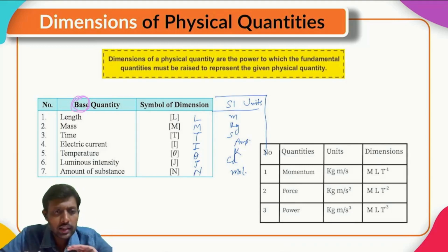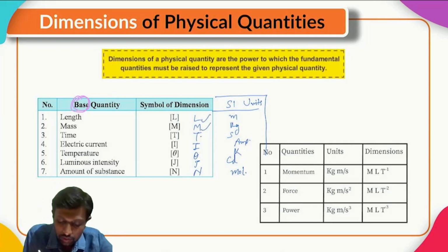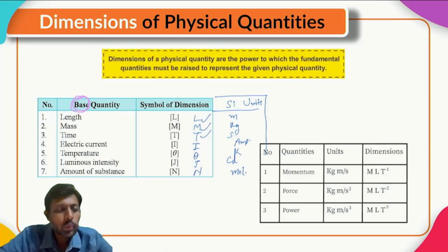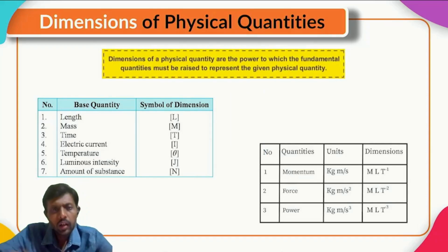The symbol is how we represent the measurement of length, mass, and time. So L, M, T, these are the symbols that we are going to use in dimensional analysis. So remember these symbols. So we've seen what are the symbols of the 7 fundamental quantities.